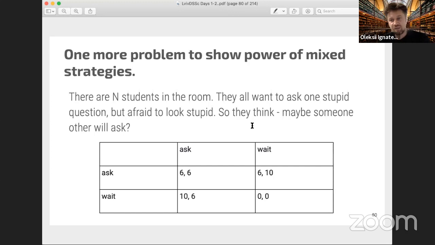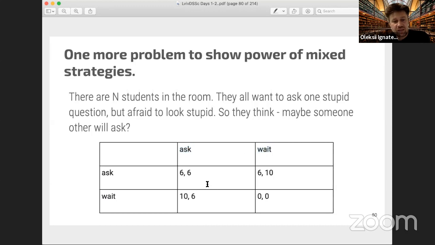So if we have, for example, two students, we have ask and wait. It's two strategies. So the strategic situation is actually very common for other applications, but I will tell you after we solve it. And the other student also can ask or wait.